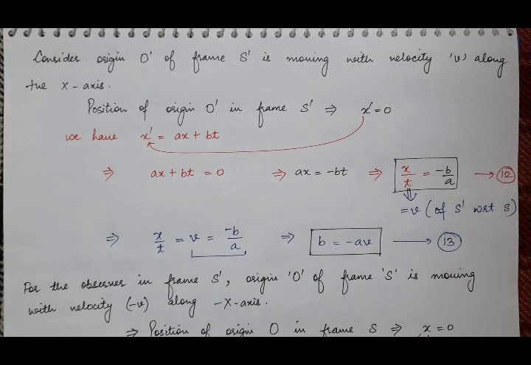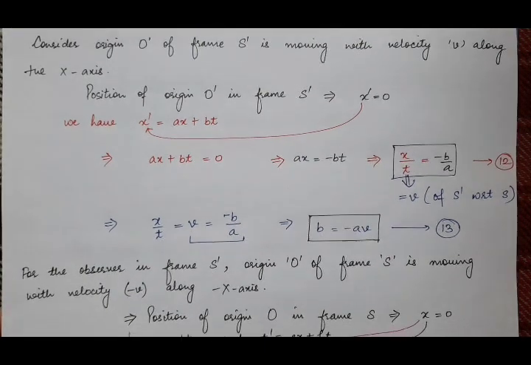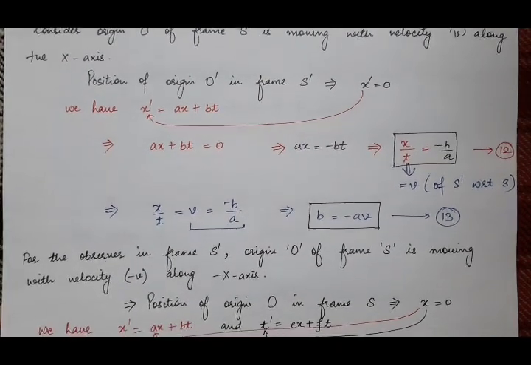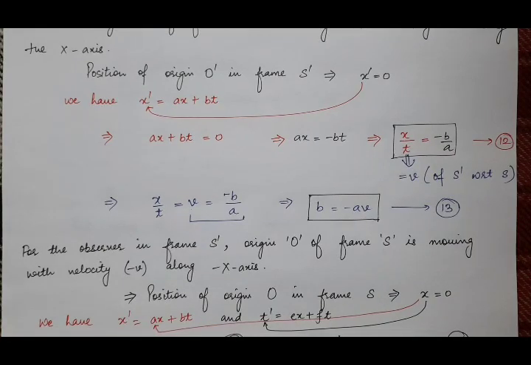Now to find the relation between another unknowns, consider the motion of frame S. Now any observer who is standing in the frame S dash will be at rest, and frame S will be moving for that observer with velocity minus v along negative x-axis.